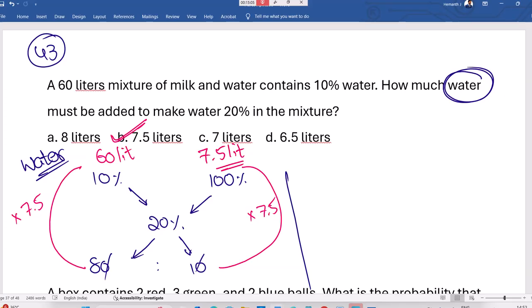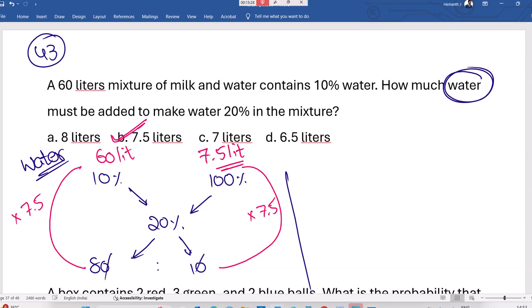What is the 10, what is 100, what is 20, you just focus. My focus is only on water. 10% is there, then I added water, it's pure water, so that's why 100%. The result should be 20. Now that ratio is 8 is to 1. 8 represents 60 liters because initially the quantity is 60 liters. Now how much quantity am I adding?